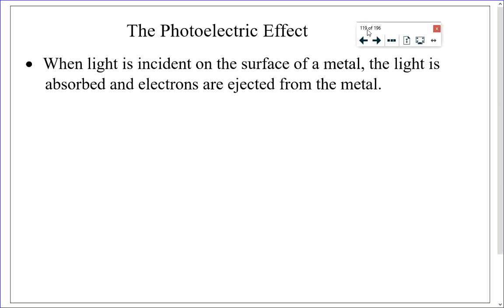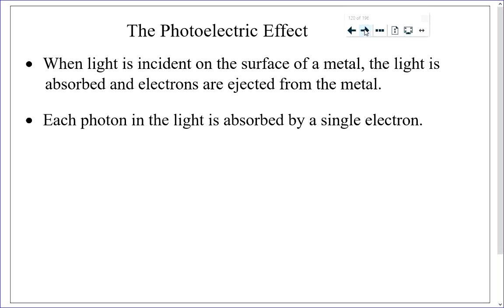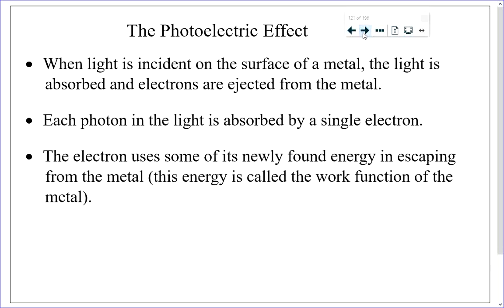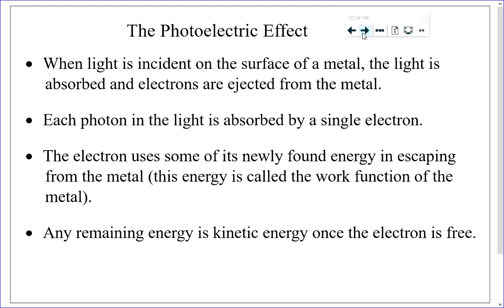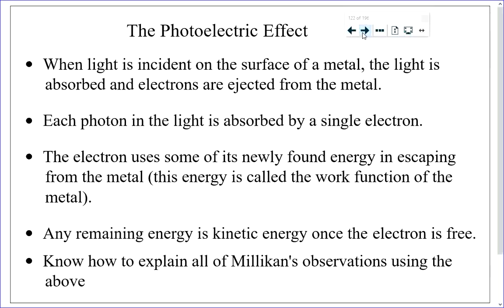Putting this all together, here's what the photoelectric effect is. When light is incident on the surface of a metal, the light is absorbed and electrons are ejected. Each photon in the light is absorbed by a single electron. The electron uses some of the energy that was given to it by the photon in overcoming what's called the work function, and whatever is left over is kinetic. And what you need to understand or be able to do is connect all of this to Millikan's observations.